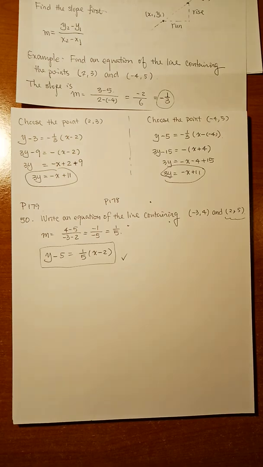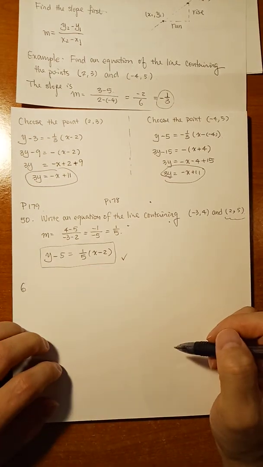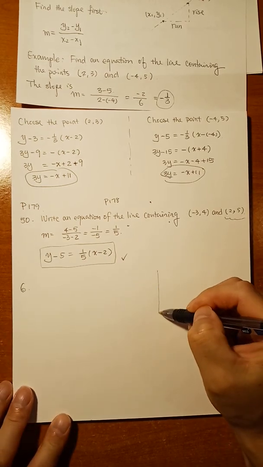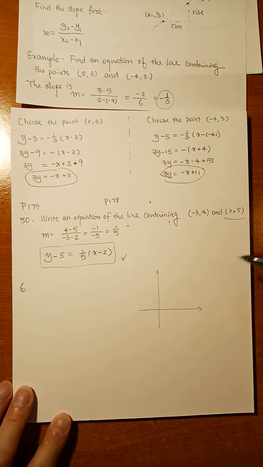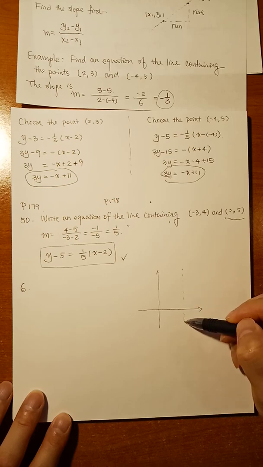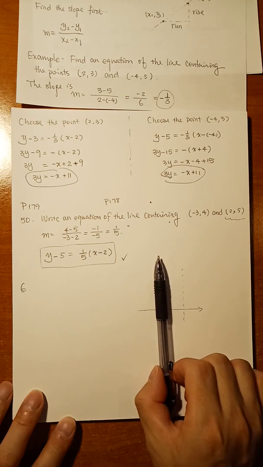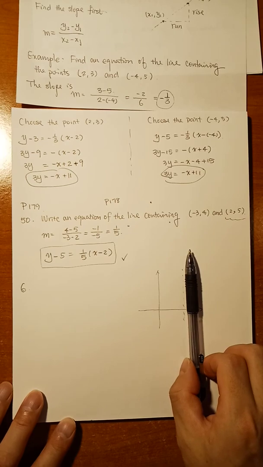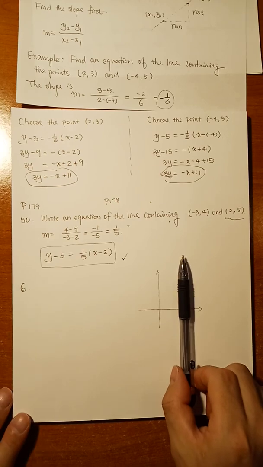Okay, let's see the next section. In the next section, we're going to write the slope intercept form. See, if we have a vertical line, then this vertical line will never touch the y-axis, right? The y-axis is vertical, and this line is vertical, so they are both vertical. They never intersect, and the vertical line has no slope.